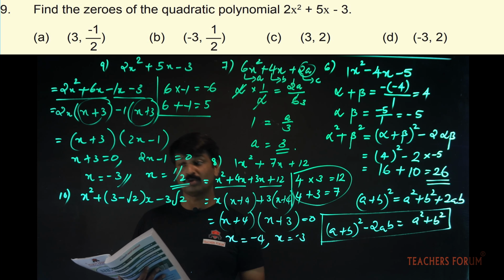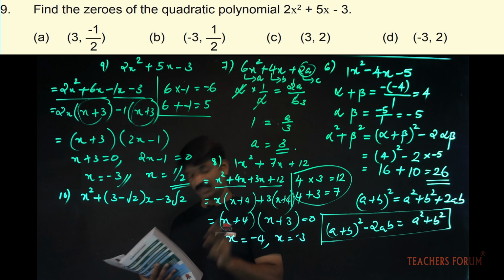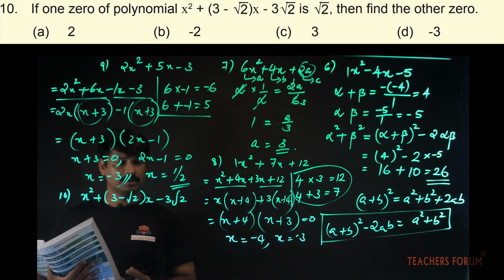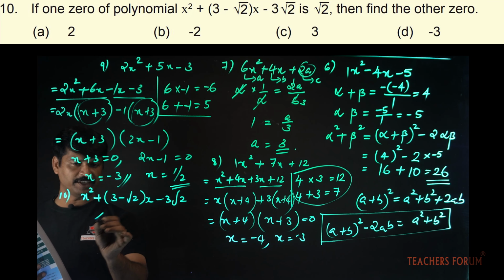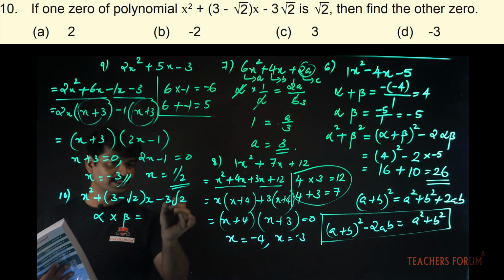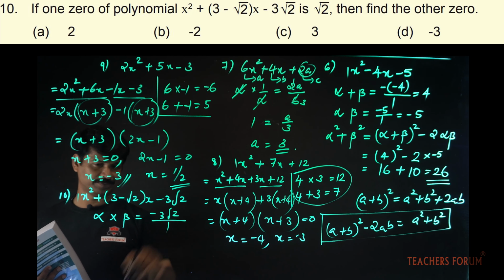Find the other zero. You know that it's a quadratic polynomial, so how many zeros will it have? 2 zeros. One zero is given as root 2. You should find out the other zero. Let's find out alpha into beta. Alpha into beta is equal to c by a, isn't it? What is c? c is minus 3 root 2. What is a? a is 1.